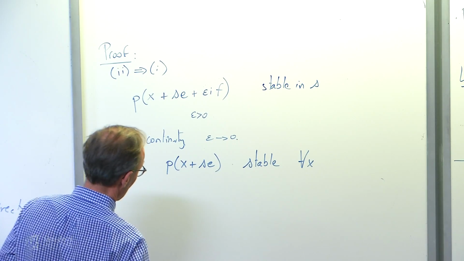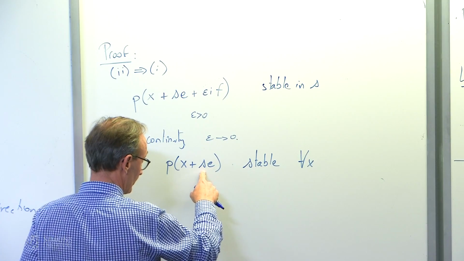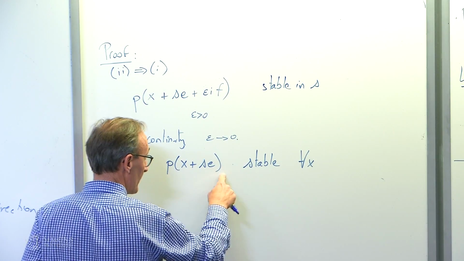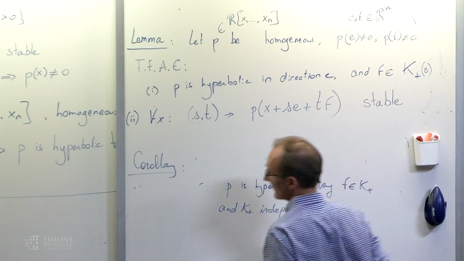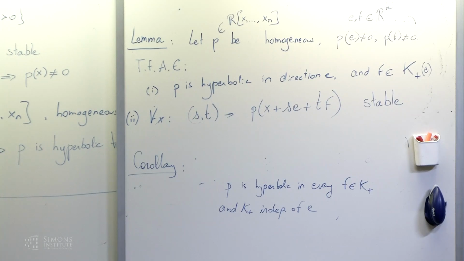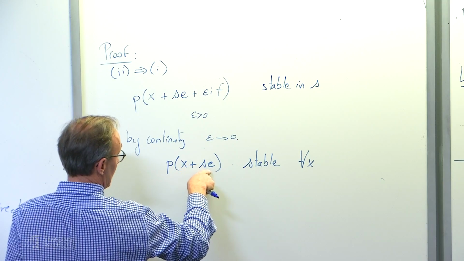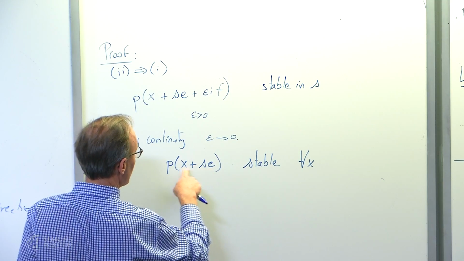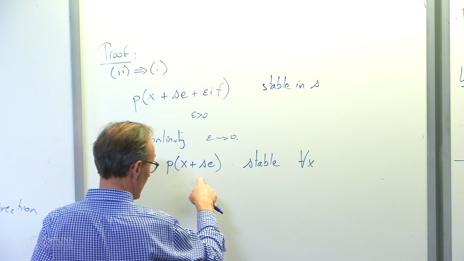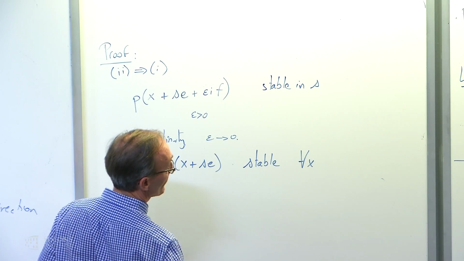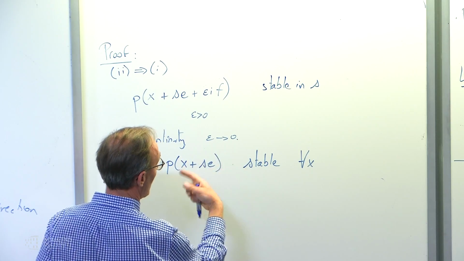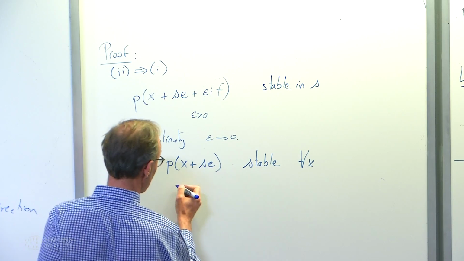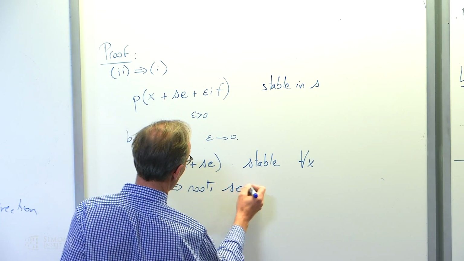So that means that this is a univariate polynomial, and E and X are in R^n, and since it's stable, the roots cannot be in the upper half plane, but since it's a real polynomial, they come in conjugate pairs, and so the roots S are real.